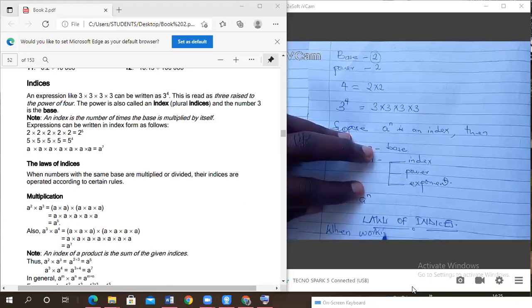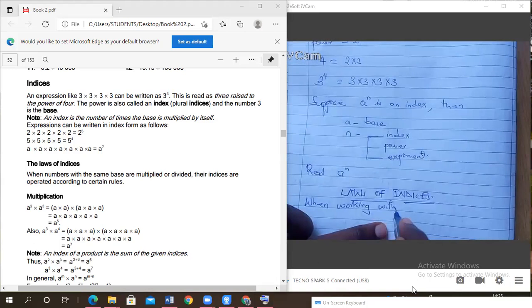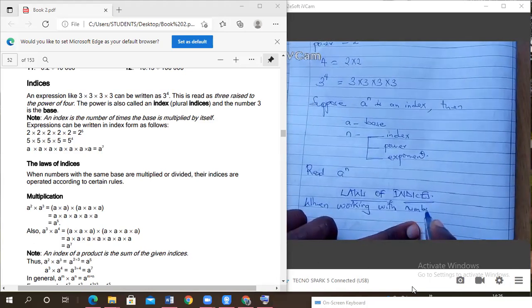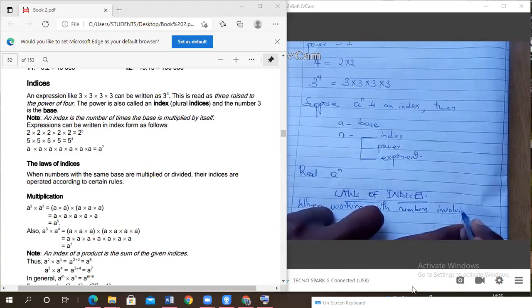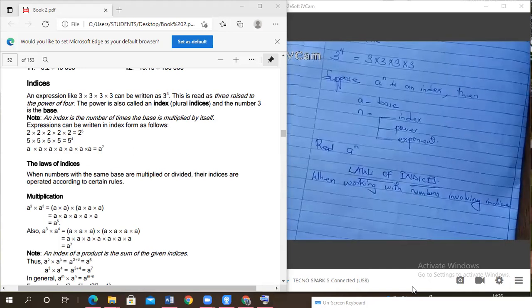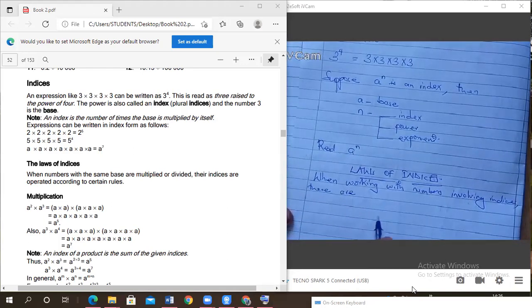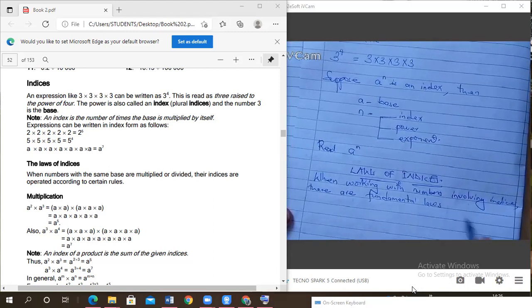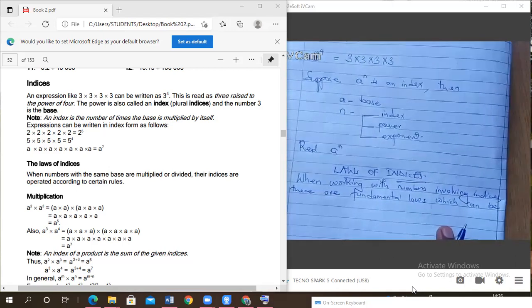When working with numbers involving indices, there are fundamental laws which can be applied.